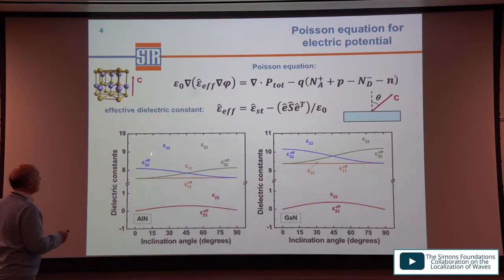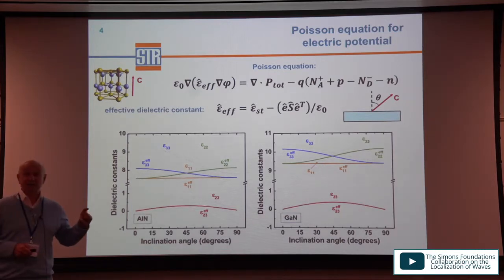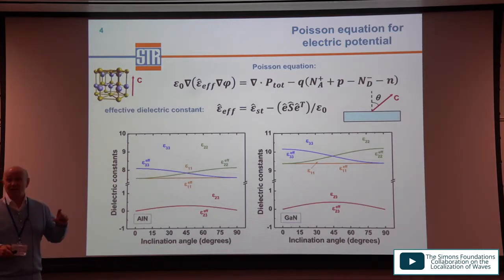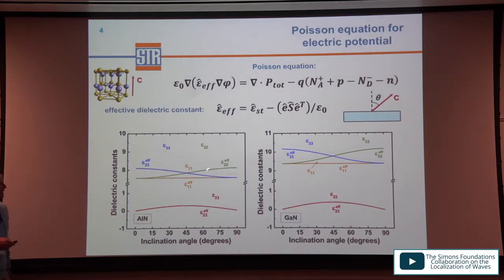And what we see here is the behavior of the dielectric constant of aluminum nitride as a function of the inclination angle. You can see the variation is approximately 20% of the whole dielectric constant. It is a rather large value.